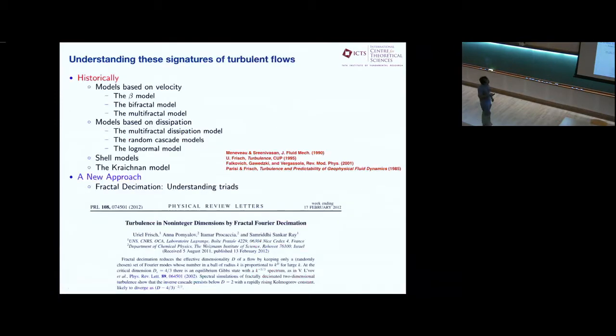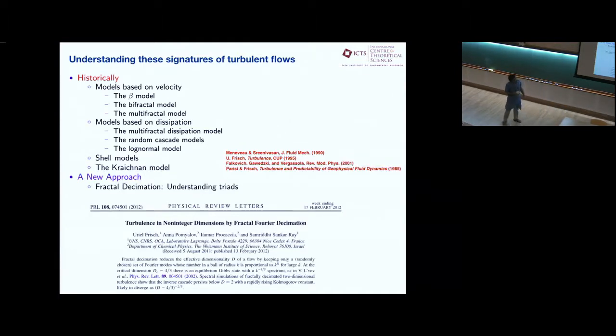Historically there have been ways to understand this signature of turbulence, going back to models based on velocity, models based on dissipation, even simpler cascade models like the shell model. I mention this because I'm going to speak a little about it, since there were some questions yesterday at the poster session. All these models are in some sense a formalism to rationalize observations that we see in experiments and simulations of the Navier-Stokes equation.